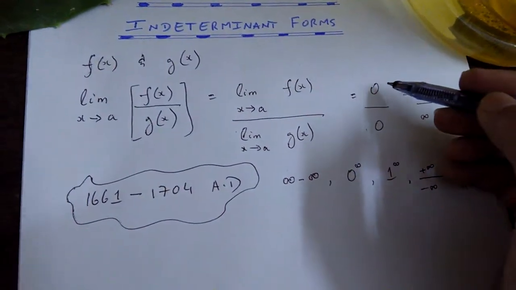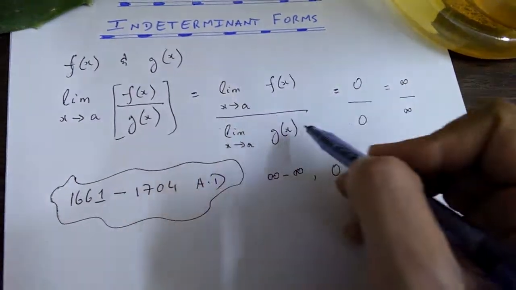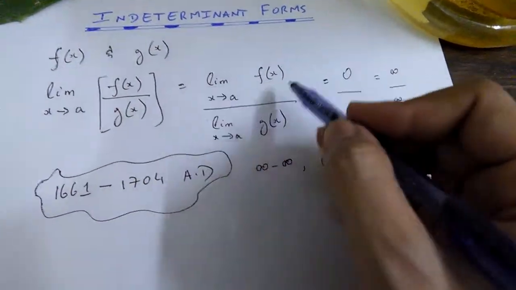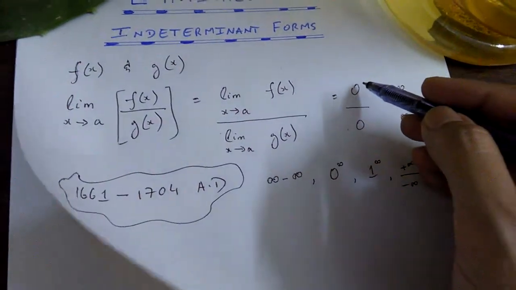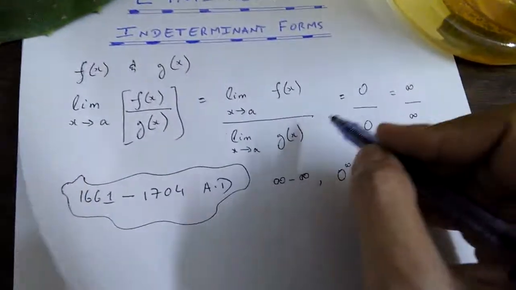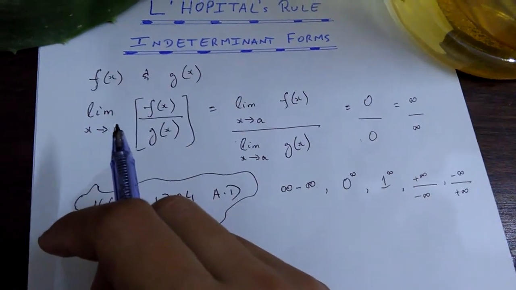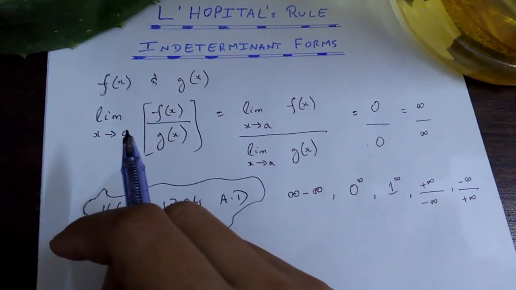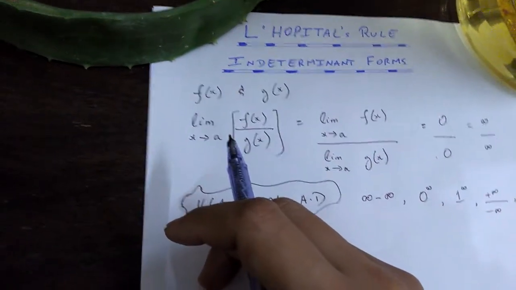As long as we have an indeterminate form, we keep on differentiating the numerator function and the denominator function, then we apply the limits again and check if the indeterminate form is persisting. We keep on differentiating till finally we get some nice distinct finite value after applying the limit. That's the strategy.